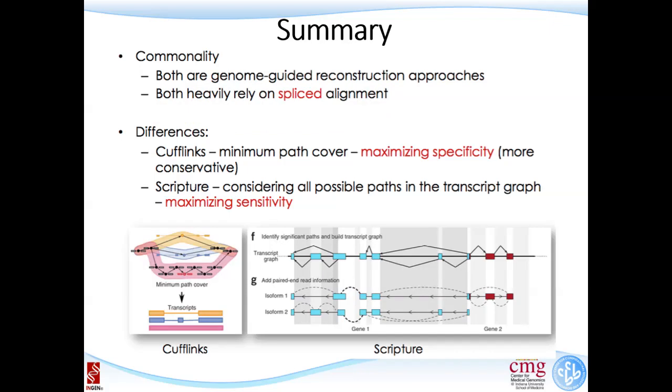But the real strength is that using Scripture, you can identify more transcripts generally than you can with Cufflinks. It's a way to fully enumerate the possibilities of transcripts given your RNA-seq data, and Cufflinks is a way to maximize the specificity. This is a question I think Dr. Liu likes to ask, so you should probably know the differences between these two tools.